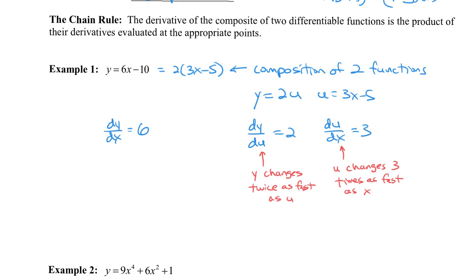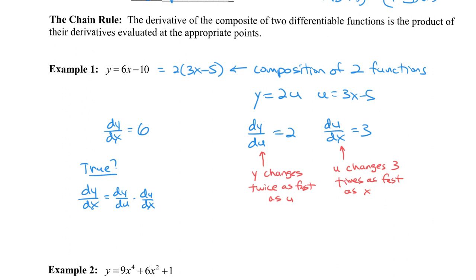So the question is, is it true that we could say dy dx equals dy du times du dx? I mean, it's true here, but is this a general statement we could make? That's the question we have to investigate.